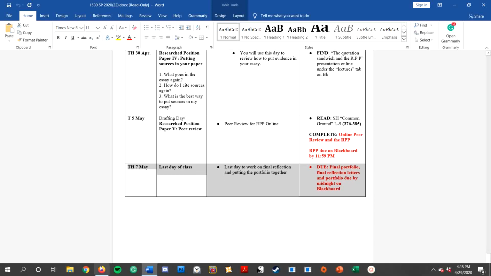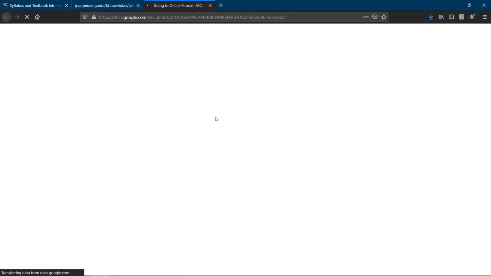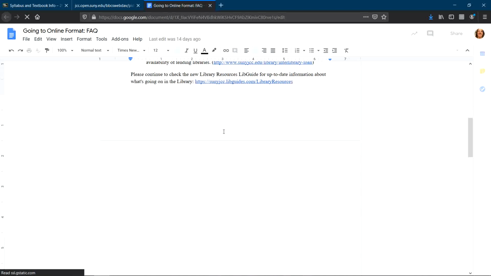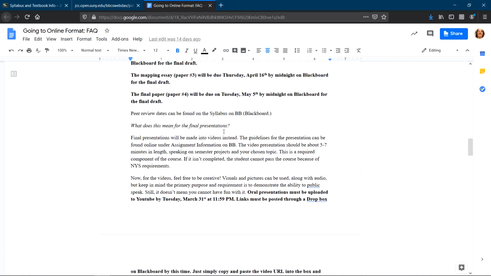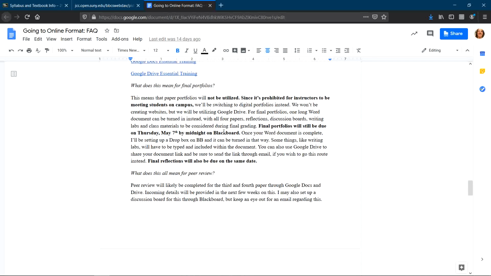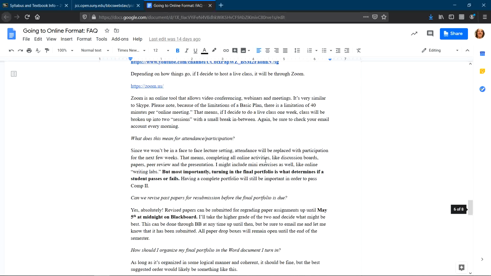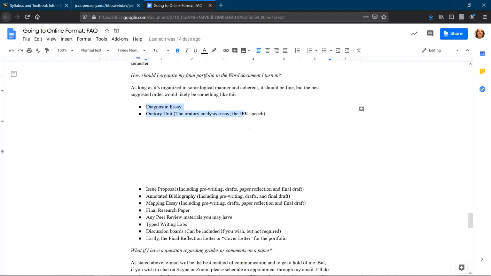And the order of how you want to arrange things can actually be found under syllabus, and then go into online format FAQ. I talk about the portfolios in this document on the 5th page. And I also state how your document should be arranged.